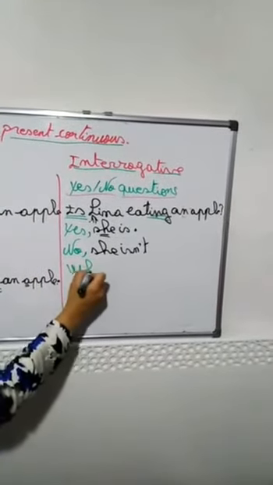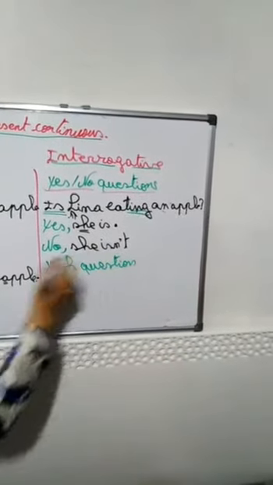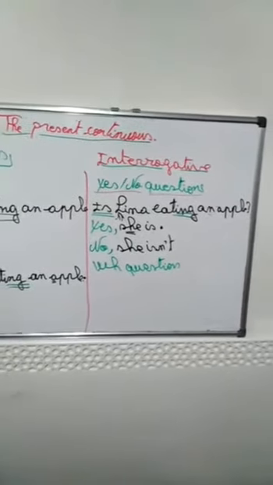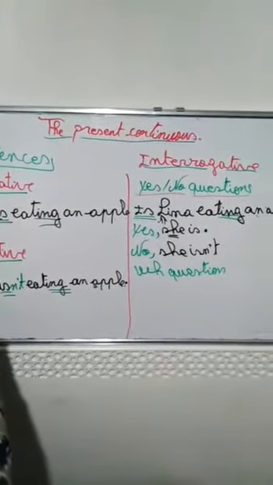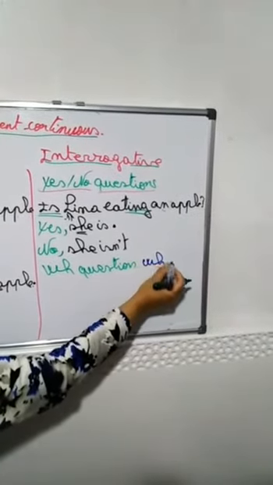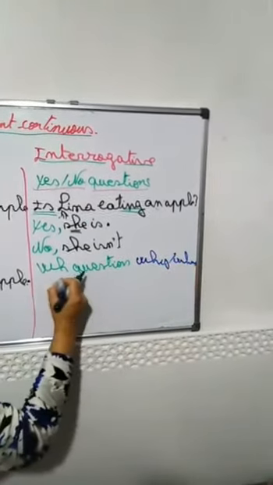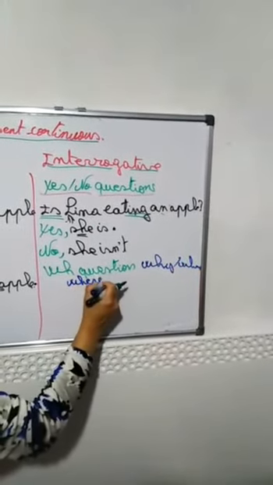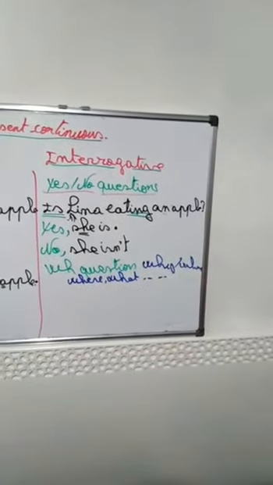Is this clear? Now let's move to the other type, that is WH questions. What do you mean by WH questions? All the questions that start with WH. For example, why, when, where, what, etc. Is it okay?